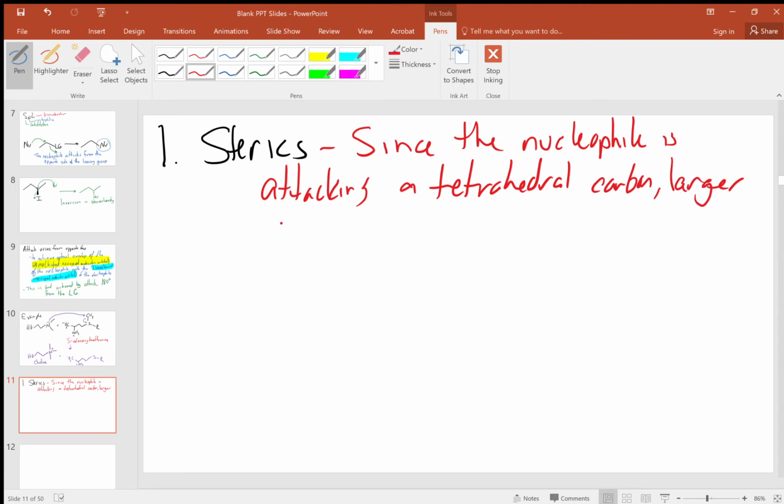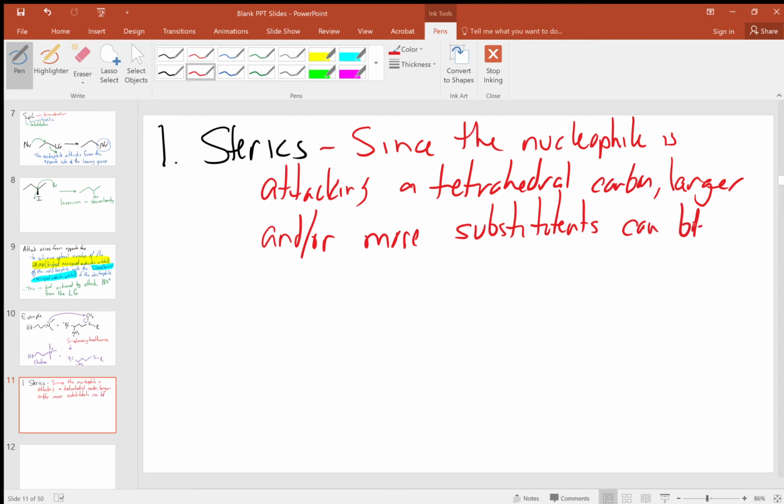So larger or more substituents can block the nucleophile from coming in. So in other words, the larger your groups are on the electrophile, around the leaving group, the more of them you have, the worse this reaction is going to be.